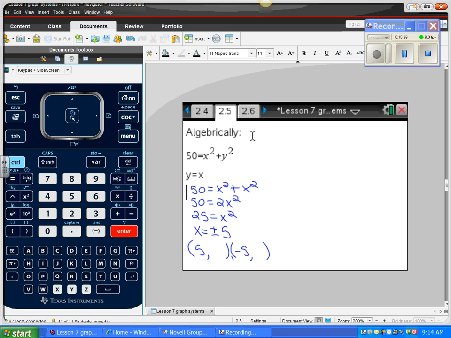Yeah, the second one's easy, right? y equals x. Well, what does x equal? 5, and what's x also equal? So what does y equal? Okay, so if x equals y, that means they have to be the same. That's it. Okay, those are my two solutions.